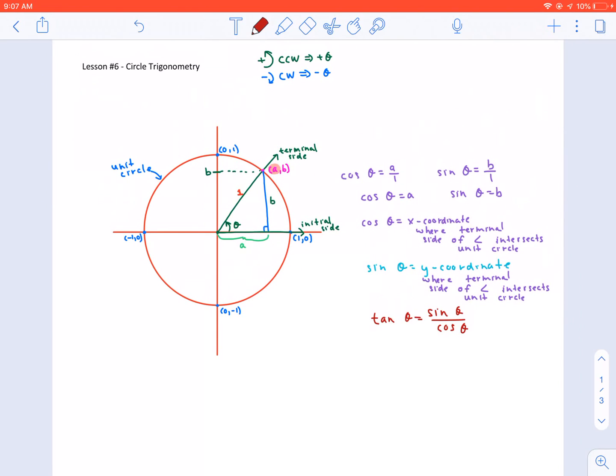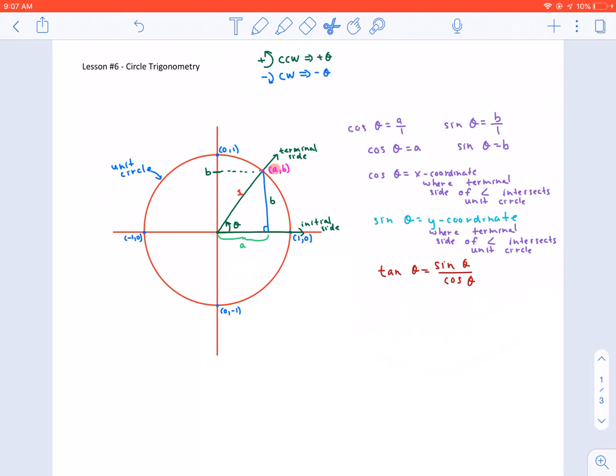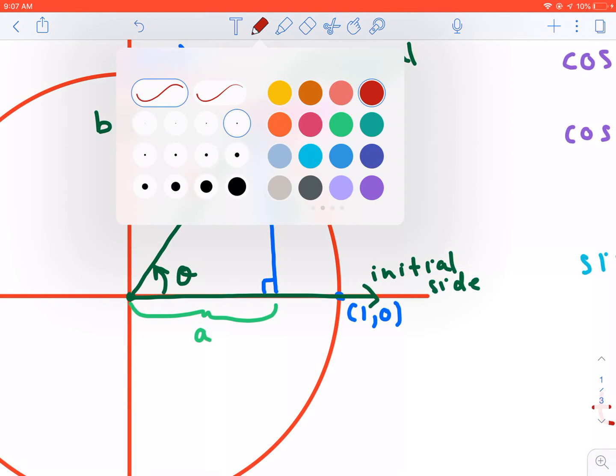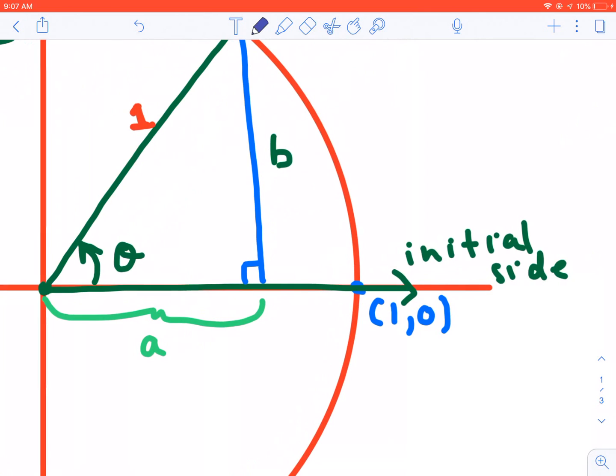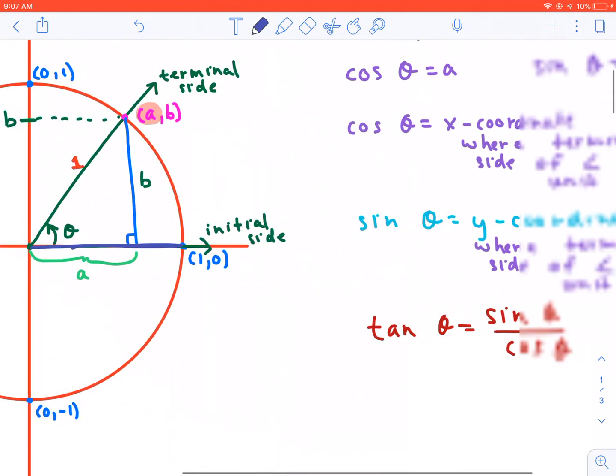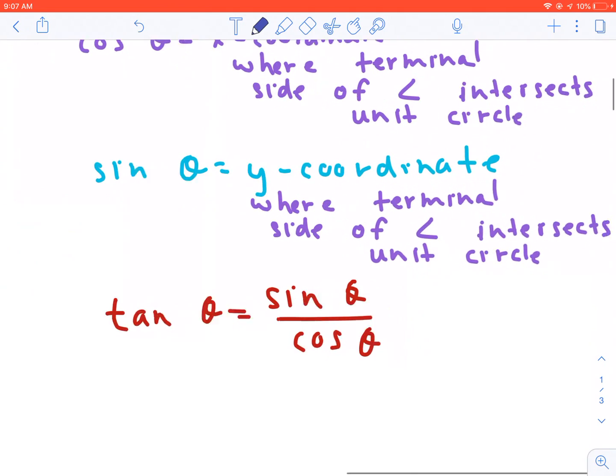Alright, so why are we doing trig in the unit circle? Well, so far our trig has been limited from 0 to 90 degrees, and you'll notice that still works for 0 and 90 degrees. This unit circle is actually pretty helpful, because if I ask you, what is the sine of 0 degrees? Well, didn't we say sine is equal to the y value?